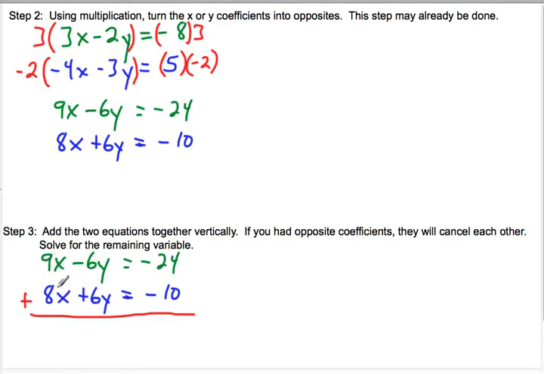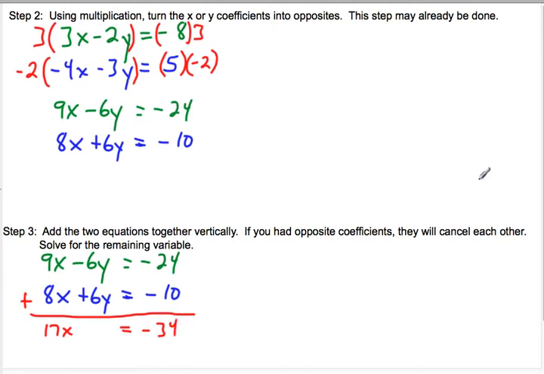So we'll see 9x plus 8x is 17x, and then -6 and +6 are going to be 0, so we don't even have to write that. And then -24 plus -10 is -34.